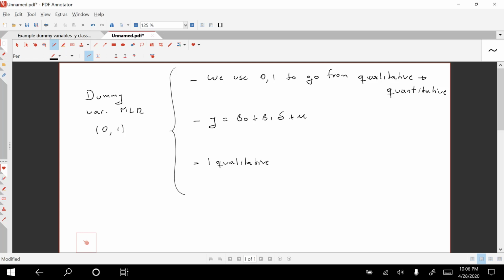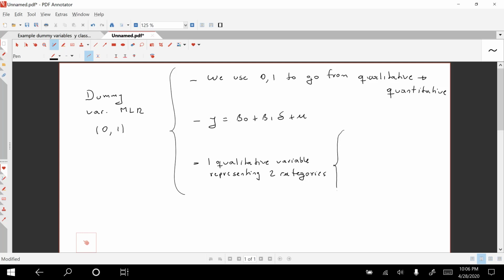That's what I was talking about in the previous class. So we have one qualitative variable representing two categories.